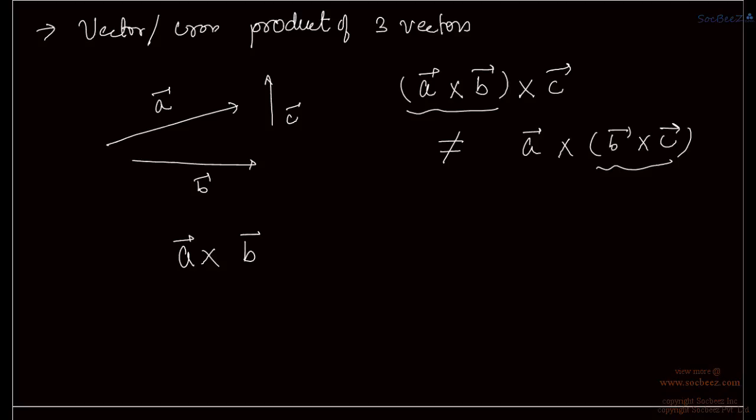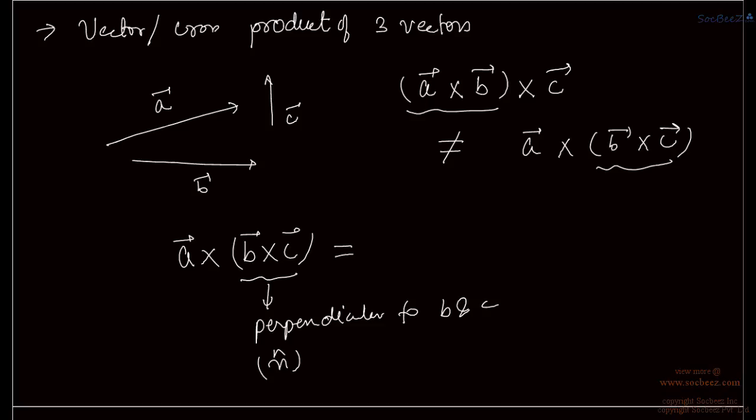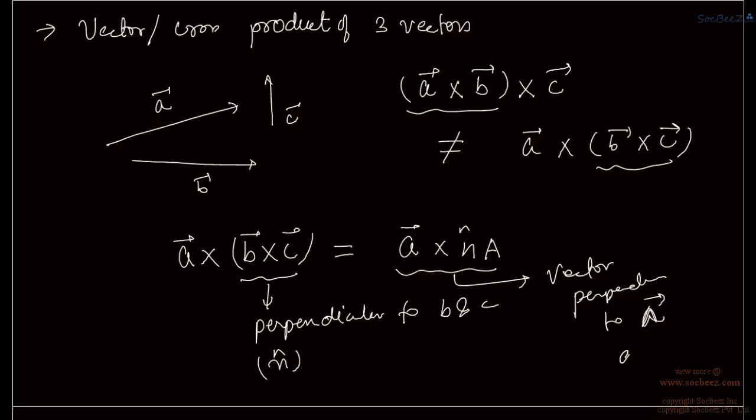So we say that A cross B cross C will always give a vector which is in the plane of B and C, because B cross C is perpendicular to B and C, in the direction of say n vector, where n is the unit vector in the direction perpendicular to B and C. And then we are again doing A cross n, times the magnitude of B cross C. So we get a vector perpendicular to A and n.